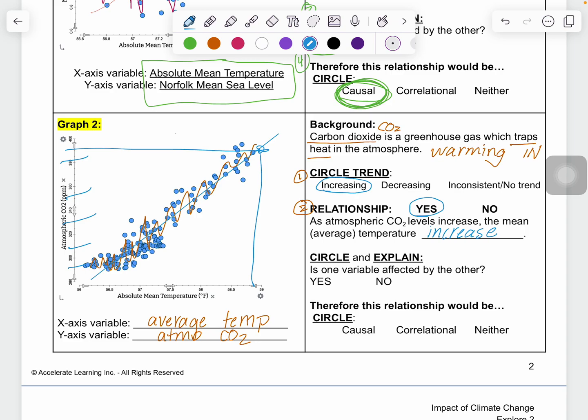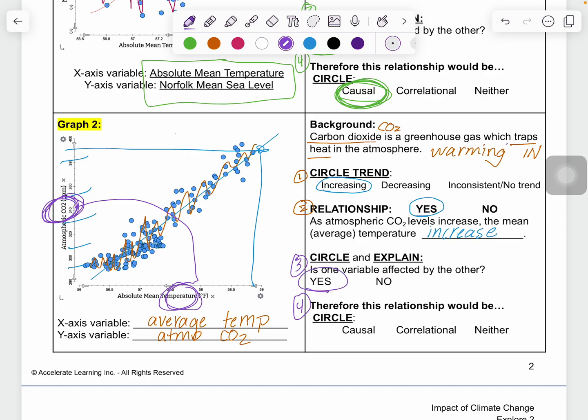Now I have to think. I have to use my knowledge. I've already got my info from the graph. I got to do 3, 4. Are they connected? Does one affect the other? So carbon dioxide traps heat in. So can carbon dioxide control what the global temperature is?